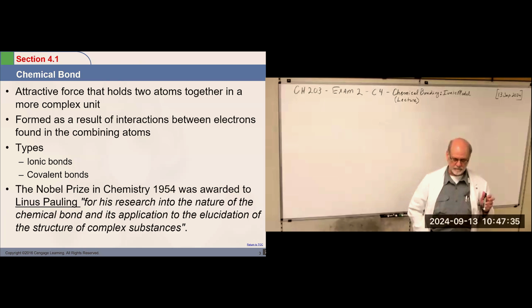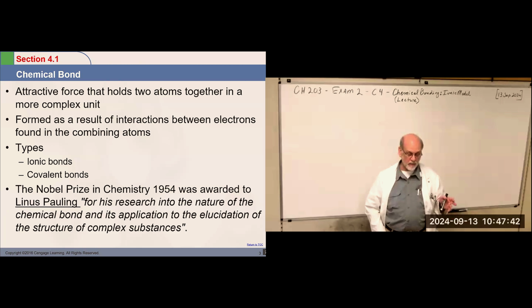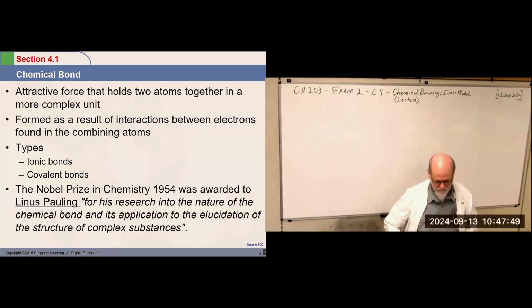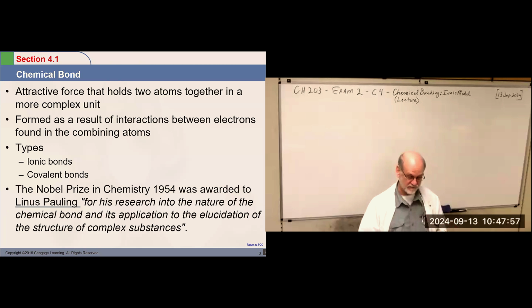And it solved so many problems and was used by so many scientists to solve other problems that the Nobel Prize Committee thought he was worthy of a Nobel Prize in Chemistry in 1954.